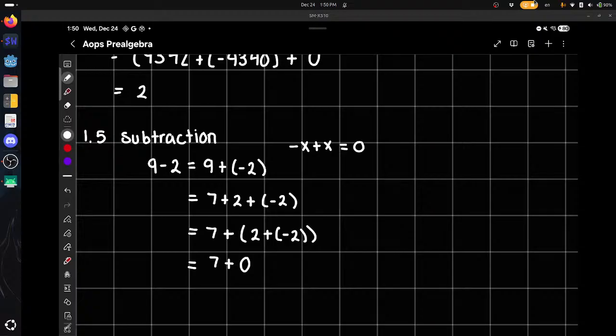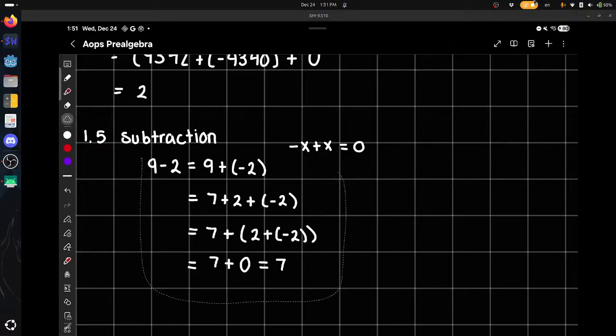So we know that that gives us 0, so 7 plus 0 is obviously 7. So I think this is what this chapter is mainly going to focus on: generalizing subtraction and addition, as a substitute for subtraction.